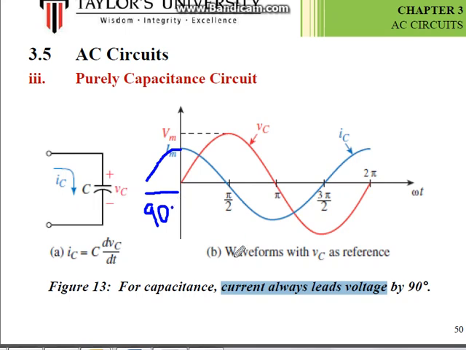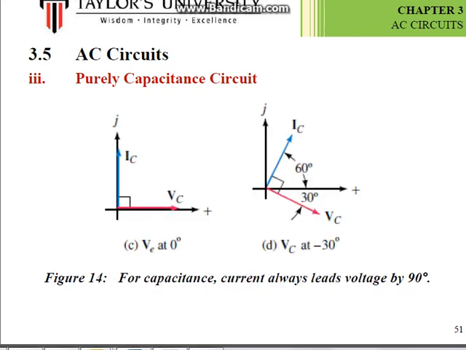So this is some of the differences between capacitor and inductor. By now you actually learned some terminology on capacitance, inductor, the behavior, and remember, because your current actually leads your voltage, it is the mirror image as compared to your inductive circuit just now.